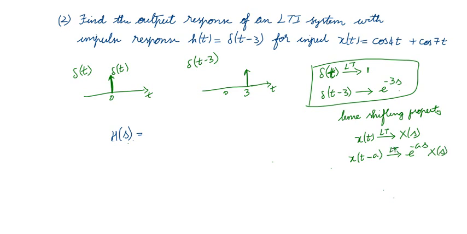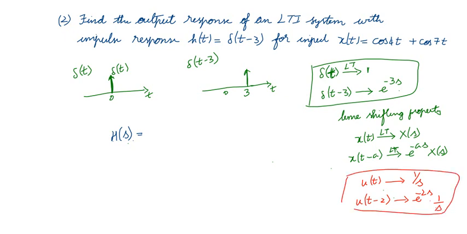Some more examples using unit step: the Laplace transform of u of t is 1 by s. What is the Laplace transform of u of t minus 2? It is delayed by 2 time units, so it is e power minus 2s times 1 by s. So this is the time shifting property. Delta of t is 1, delta of t minus 3 is e power minus 3s.